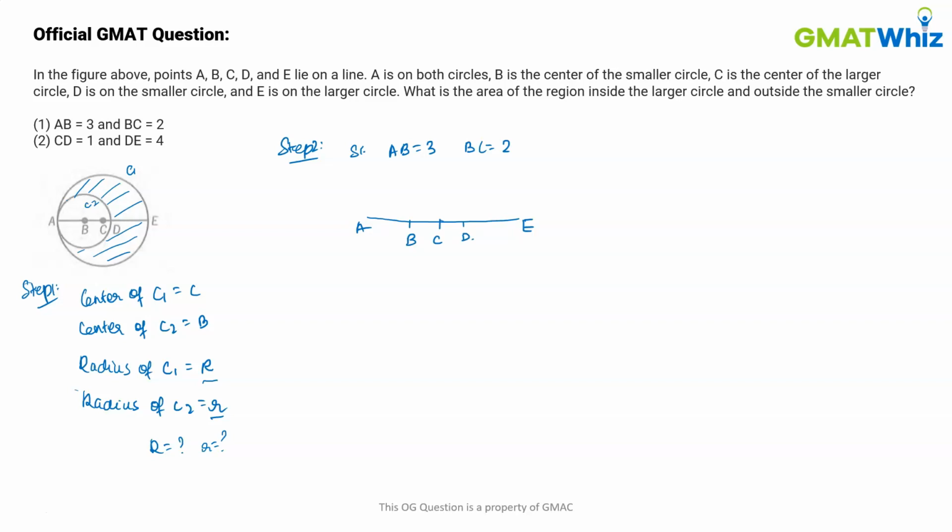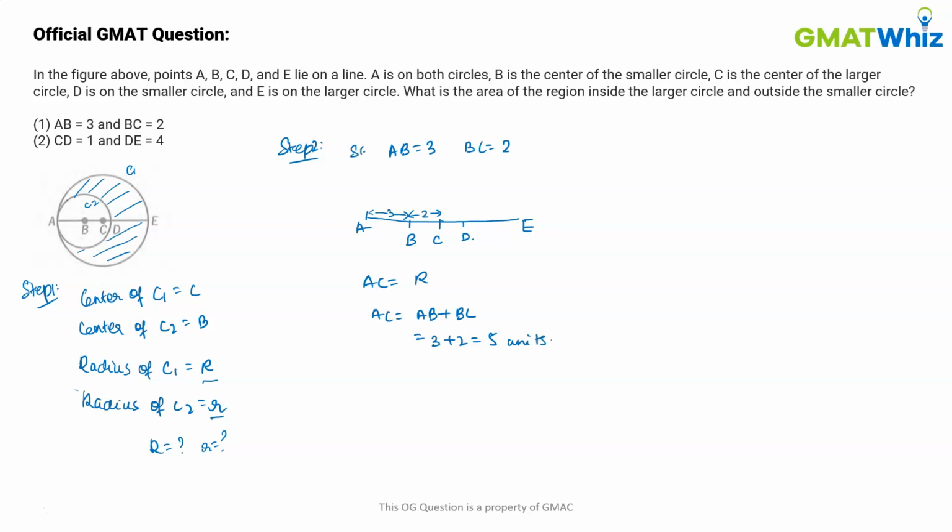The length AC is the radius of the bigger circle C1, which equals R. Therefore, AC equals AB plus BC, which gives 3 plus 2, which equals 5 units.